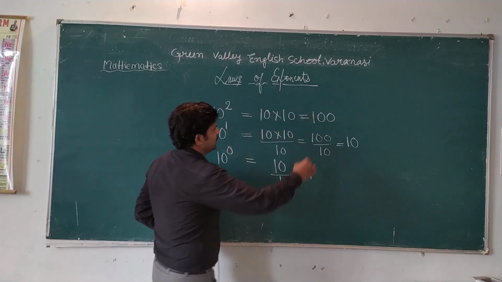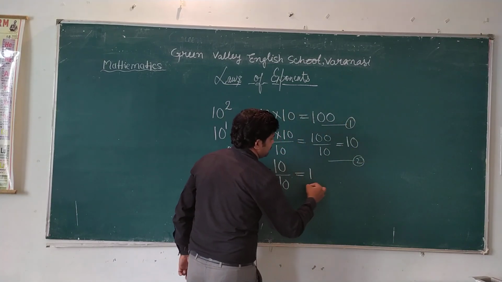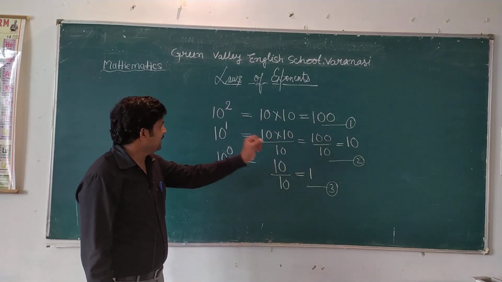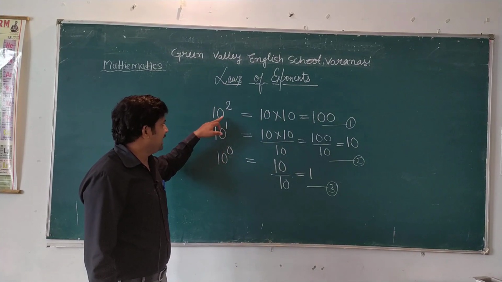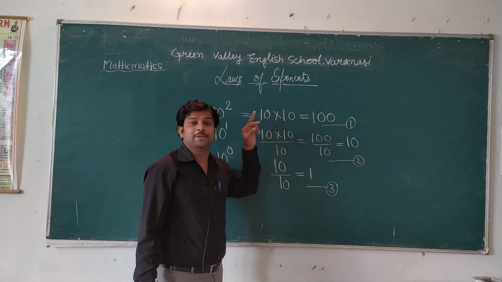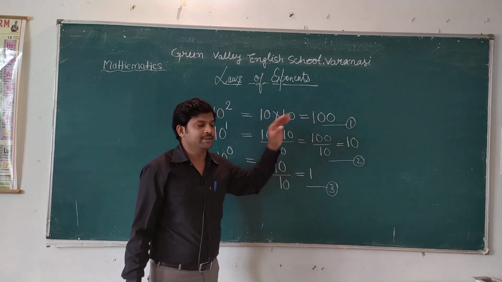In these 3 equations, suppose this one is equation number 1, this is equation number 2 and this is equation number 3. If we write 10 to the power 2, it means 10 into 10, 10 multiplied 2 times, and the value is 100.